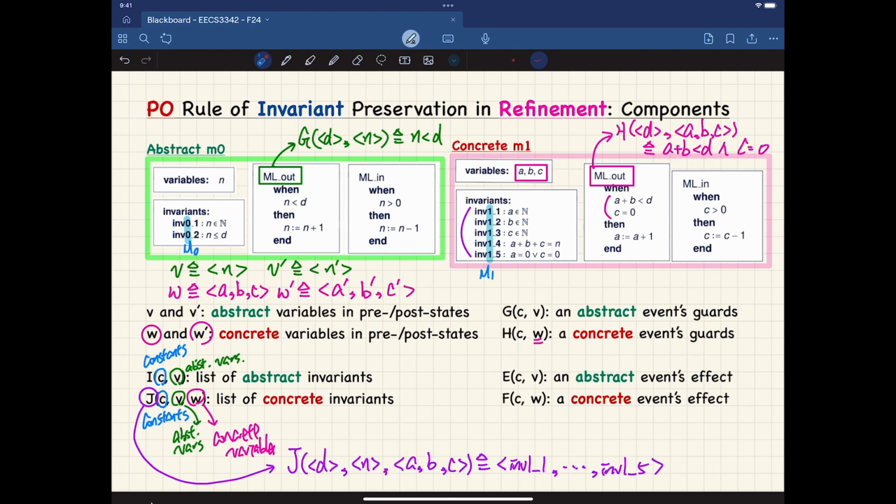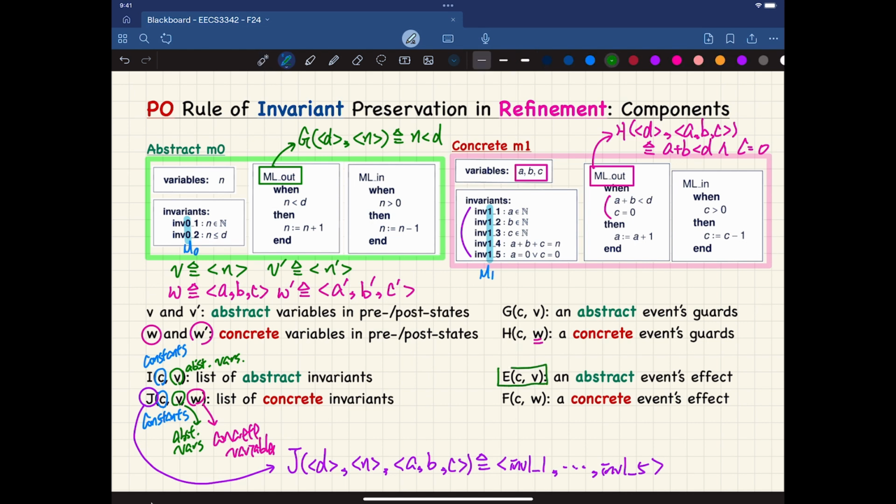Okay. Final one. What about the effects? Okay. The effect is going to be similar as before. You just remember, for the abstract effects, you can only refer to abstract variable. For the concrete effects, which we use F to denote, you can only refer to concrete variables. All right, let's see some example here. Okay, I'm going to compare them side by side.